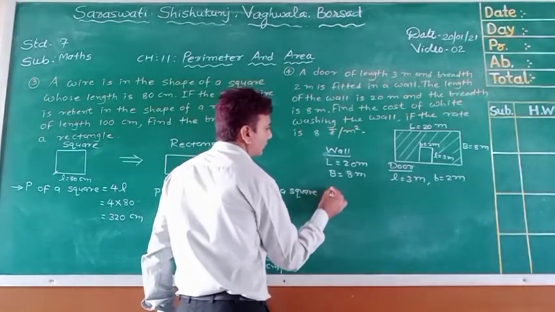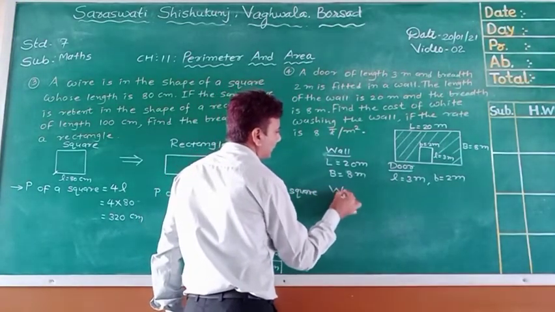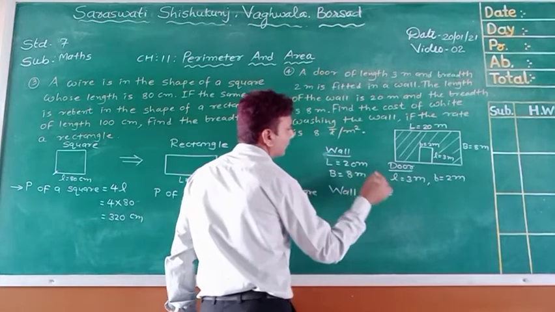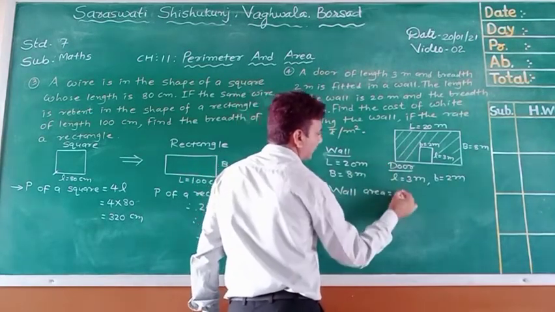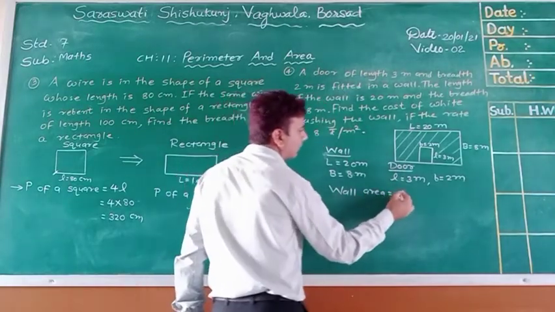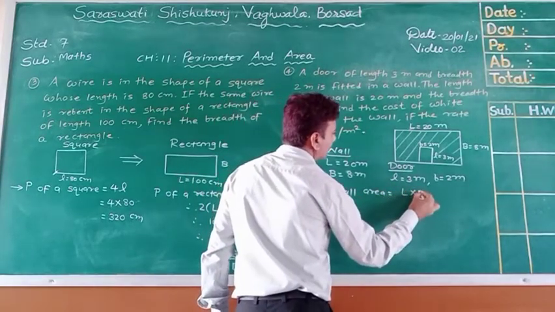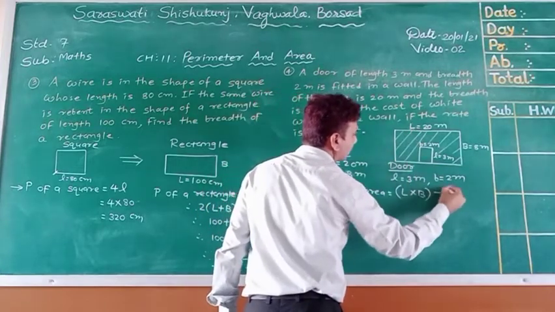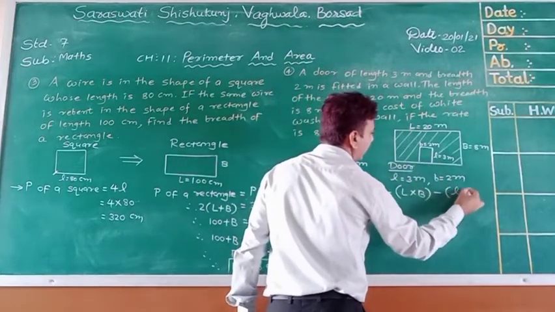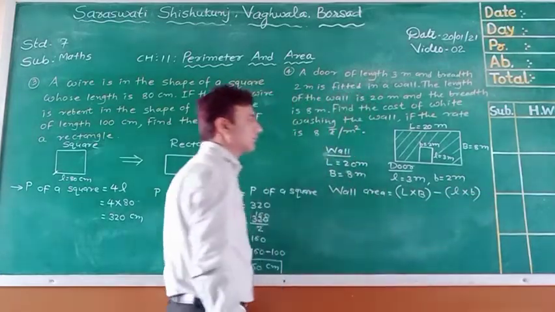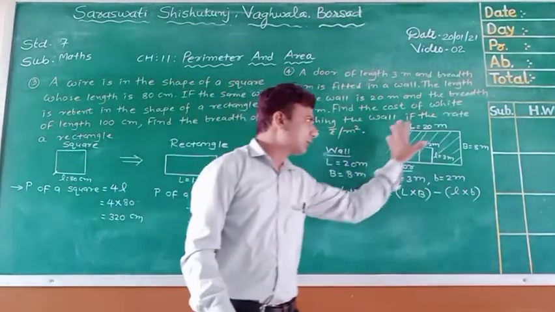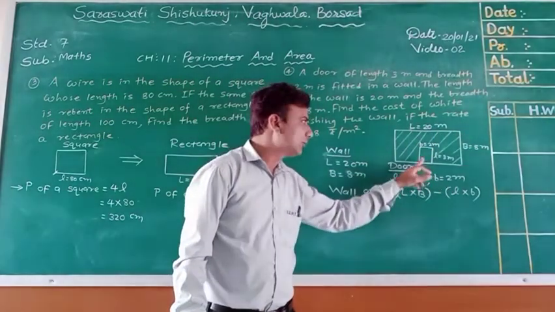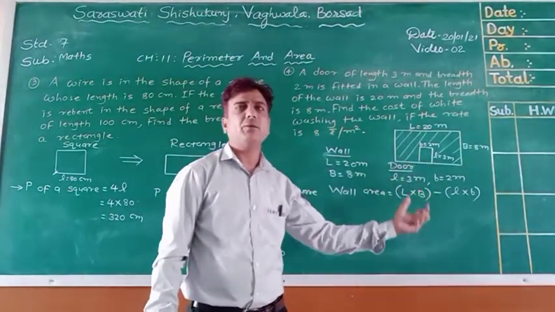So wall area equal to big rectangle area minus door area. Understood beta? First we find this wall area, and then we remove this small door area from the wall.